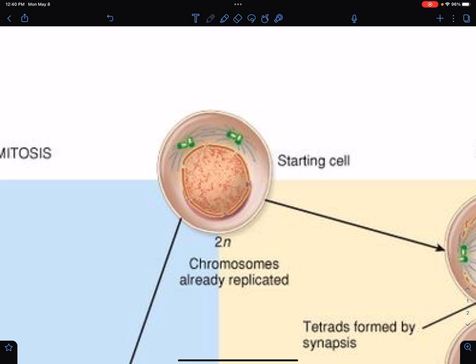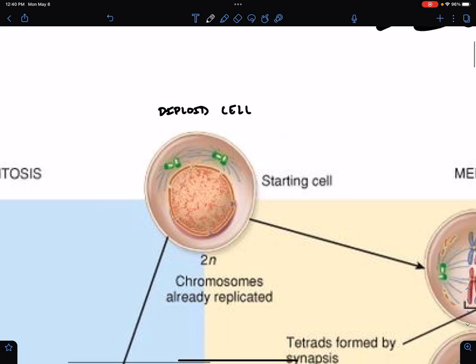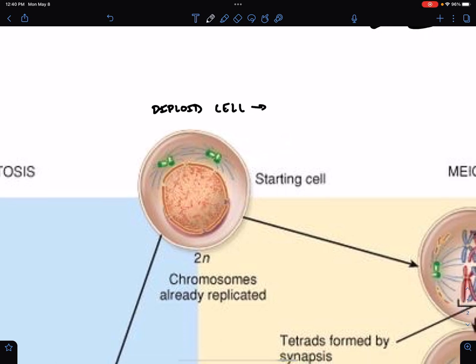This is what we call a diploid cell. A diploid cell has 2 copies of every chromosome.